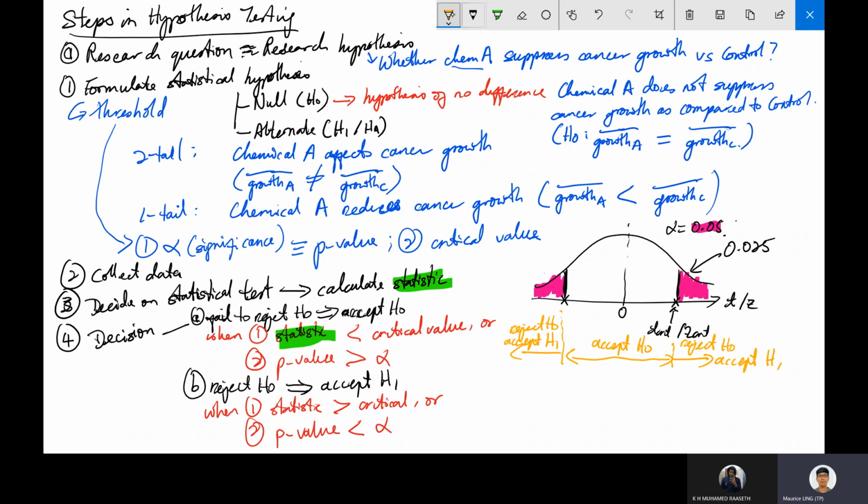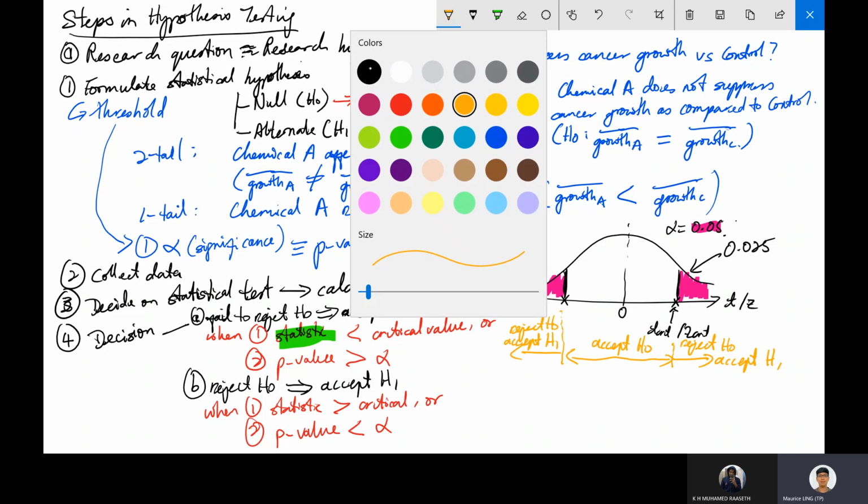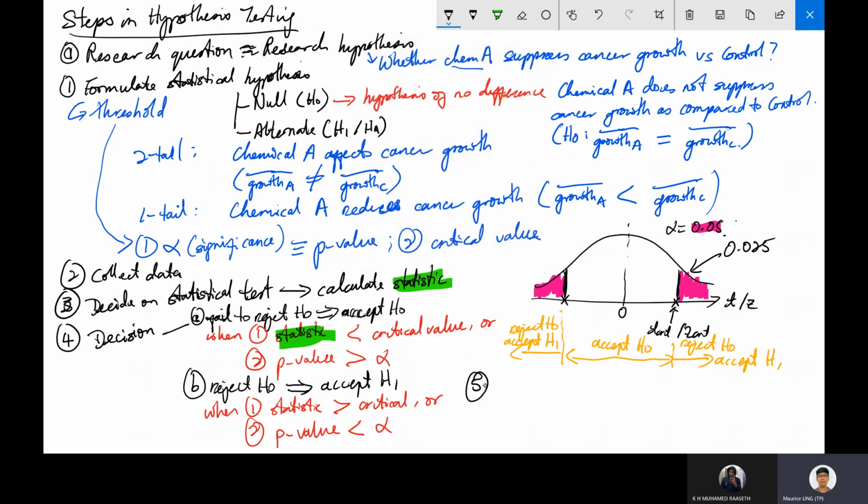Finally, step 5, you do your interpretation. You interpret your result: you rewrite whether the null hypothesis is correct or wrong, and reflect that back to the statistical question. So that is the whole thing about hypothesis testing. Seriously, that's the whole thing.